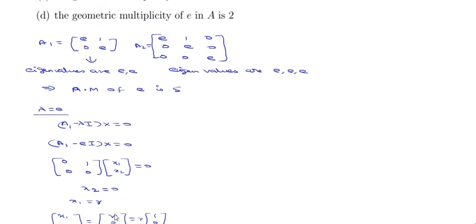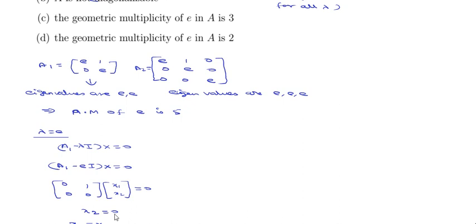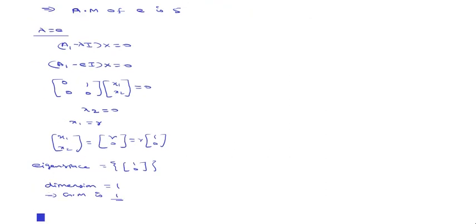This implies the geometric multiplicity is 1. In the first block, the algebraic multiplicity is 2, whereas the geometric multiplicity is 1. So from this itself we can conclude that A1 is not diagonalizable.